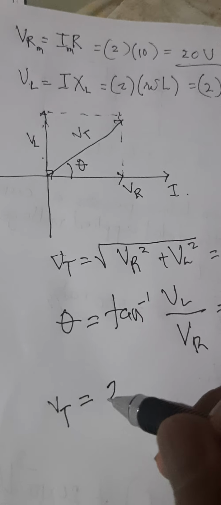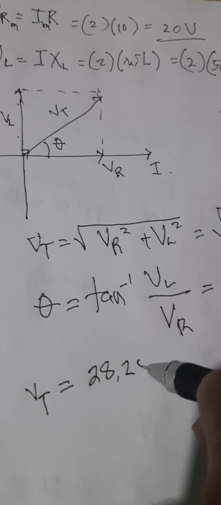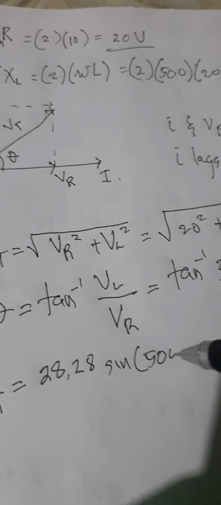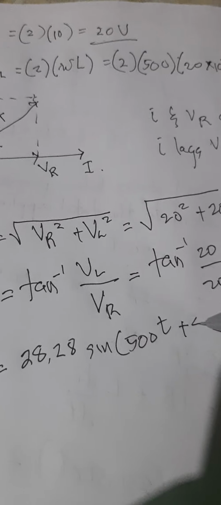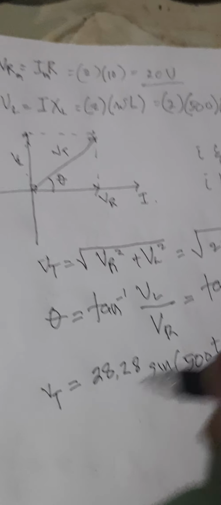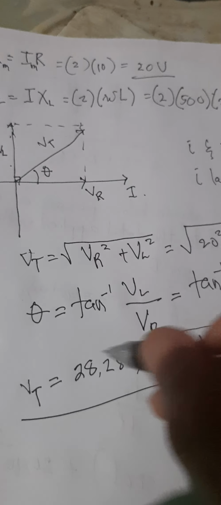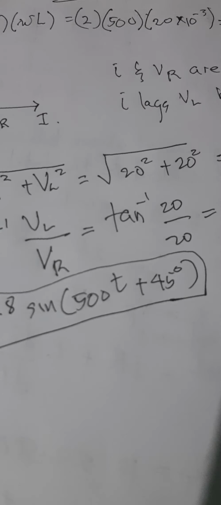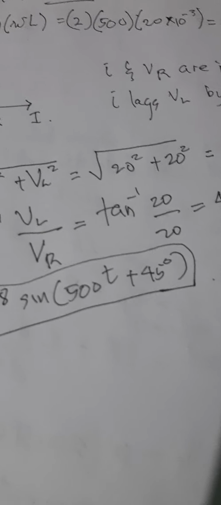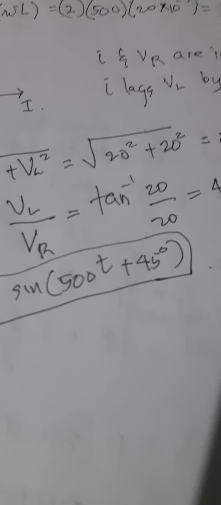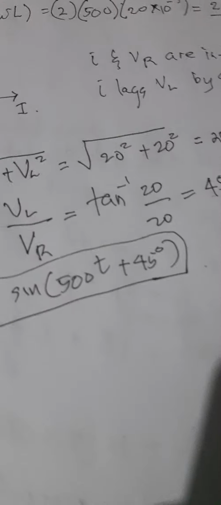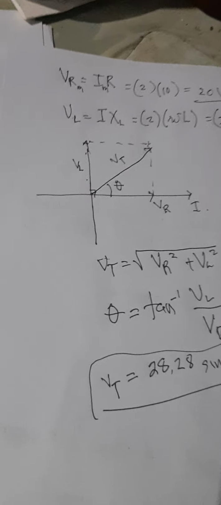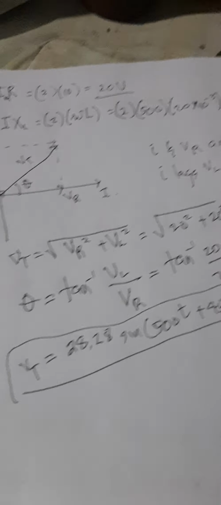VT ay merong magnitude na 28.28, then sine of 500 t plus 45 degrees. Yan. That is for series RL.